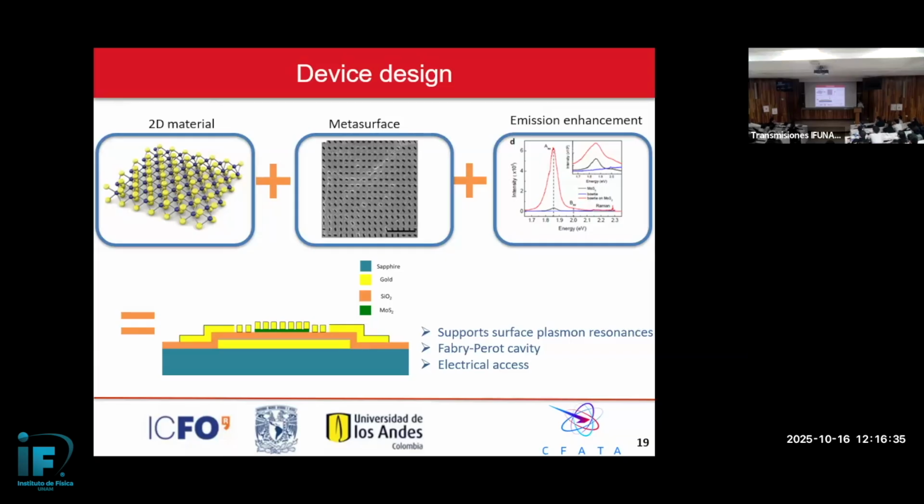The combination of the mirror, the gold and the dielectric should act as a Fabry-Perot cavity, and of course this will also support surface plasmon resonance. And since we have contacts on top, we can also have electrical access to control the electrical doping of the MoS2 monolayer.